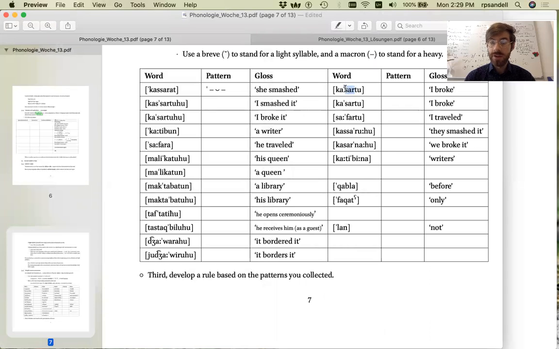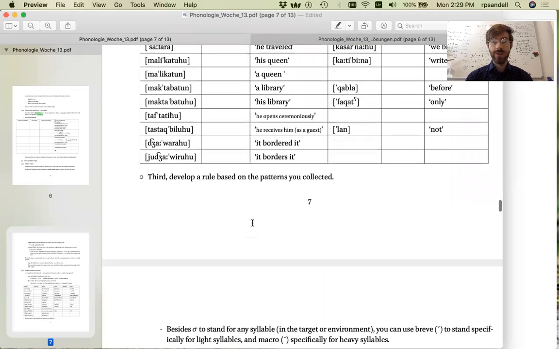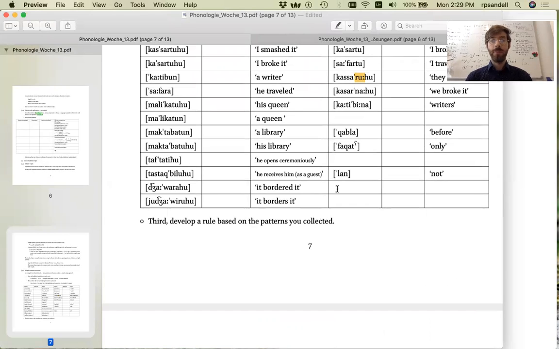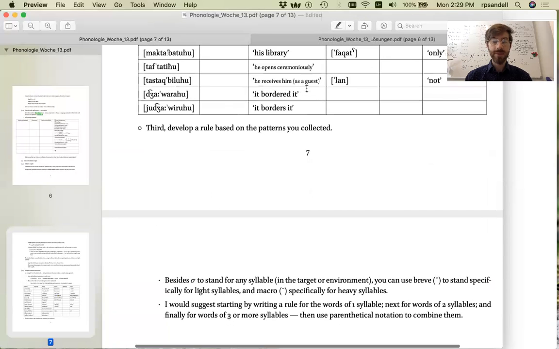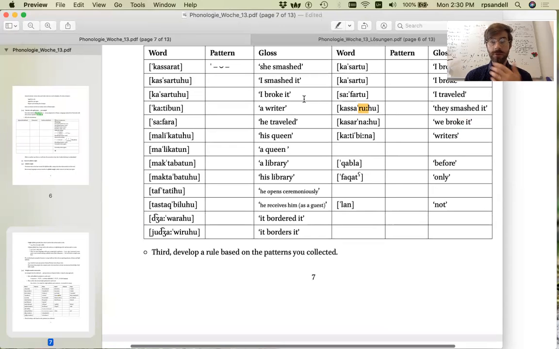The penultimate syllable either has a coda consonant or contains a long vowel. So I would suggest making the generalization for classical Arabic that primary stress is assigned to the penultimate syllable if it is heavy, or else to the antepenultimate syllable.